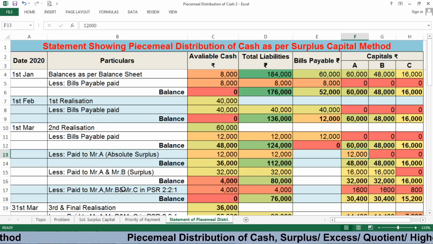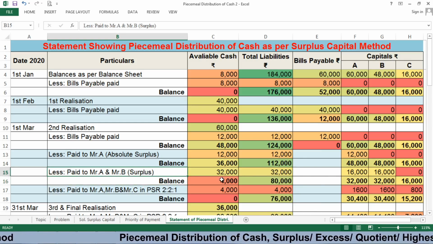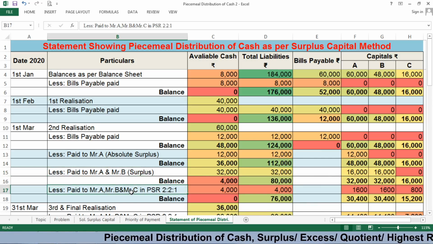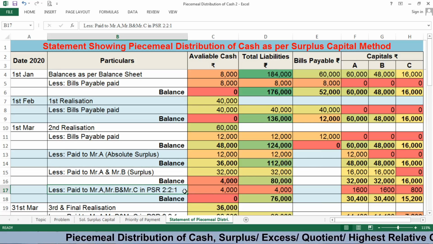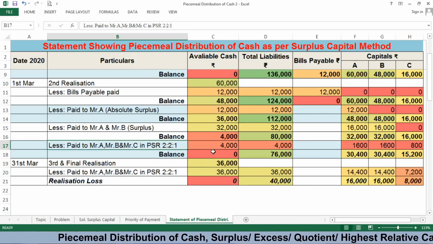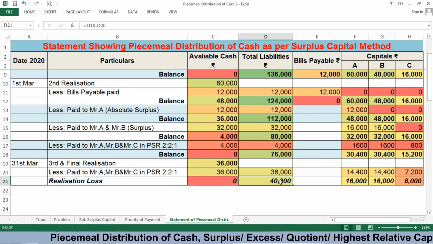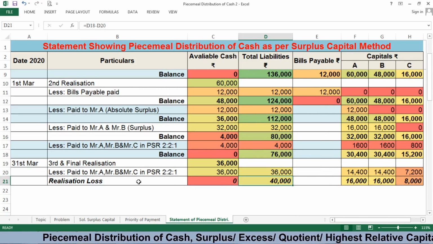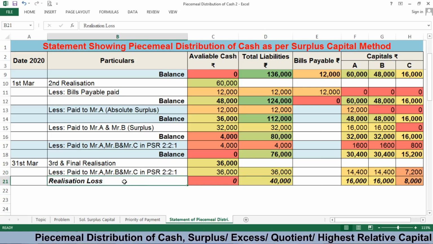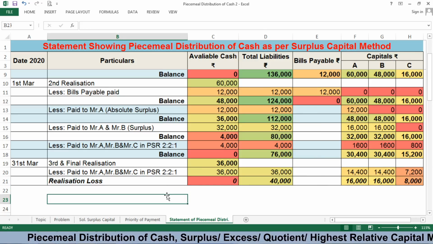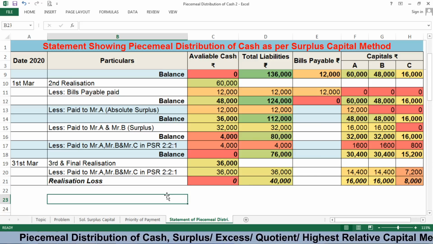Then we paid surplus to Mr. A and Mr. B. After the payment of surplus capital, we paid the balance among all the partners in their profit sharing ratio, that is 2:2:1. After that, we found that we have a loss of rupees 40,000, which is called a realization loss. I hope all of you understand this example.